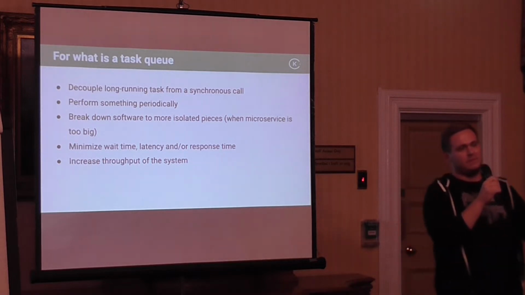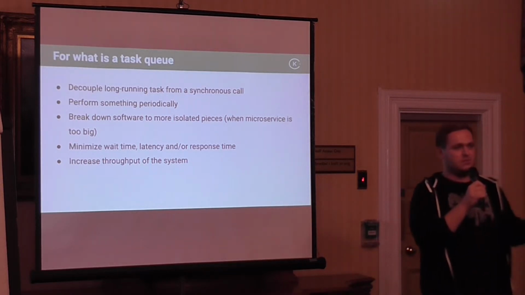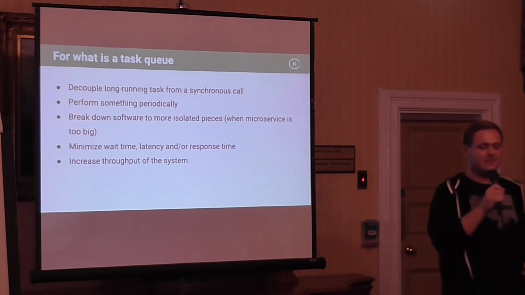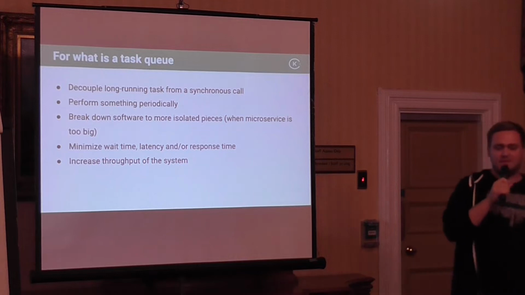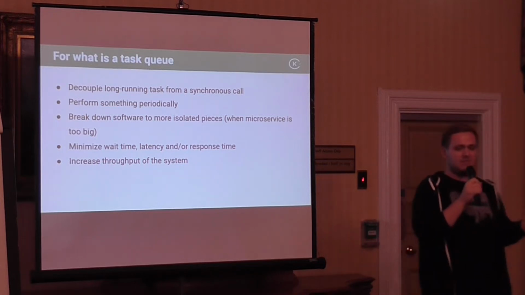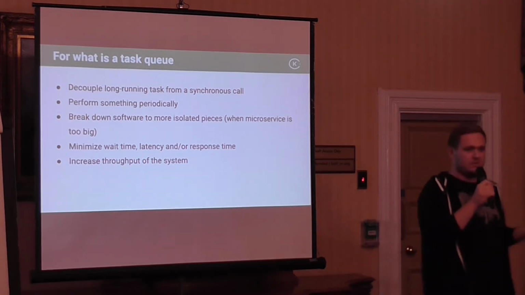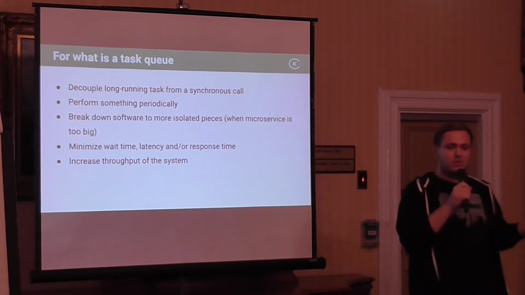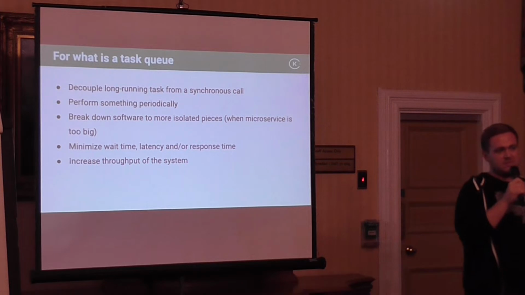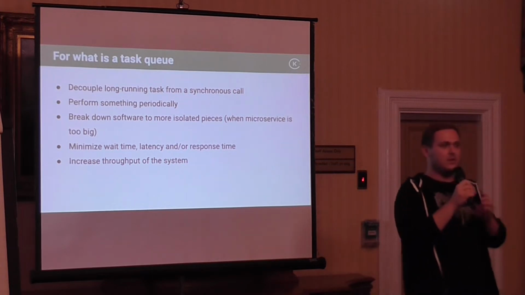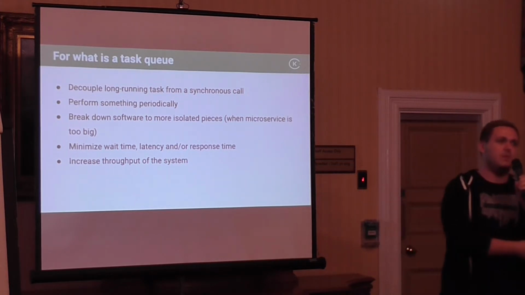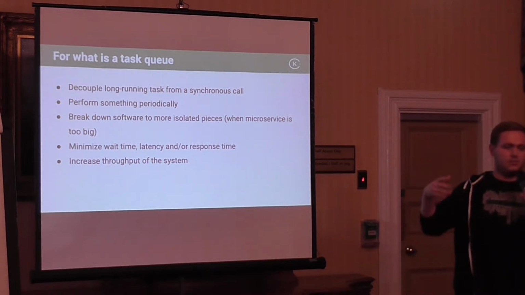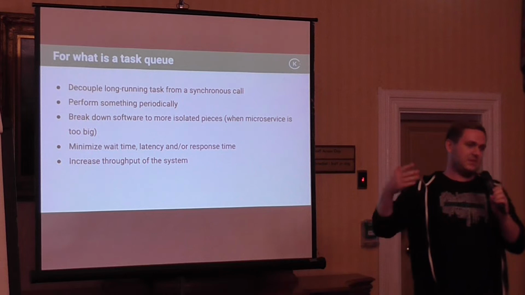And we want to integrate with another big part of the system, so a task is just the right size sometimes. Minimize wait time, latency, and/or response time. This comes together with the first point, to decouple long-running tasks. And it can really increase throughput of the system and the responsiveness of the API. For example, when the API is user-facing, you need responses as fast as you can.